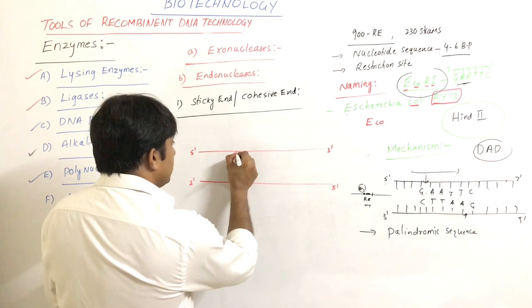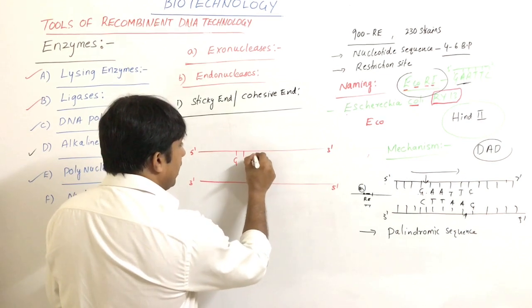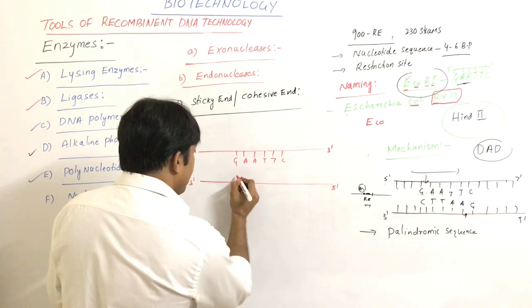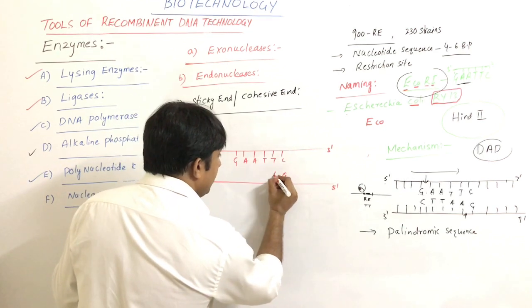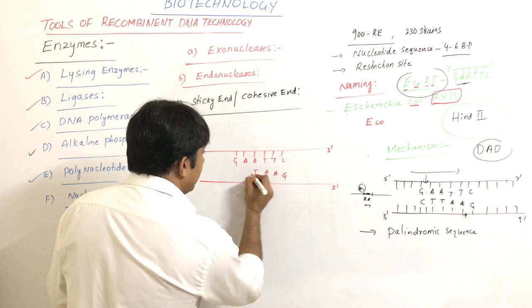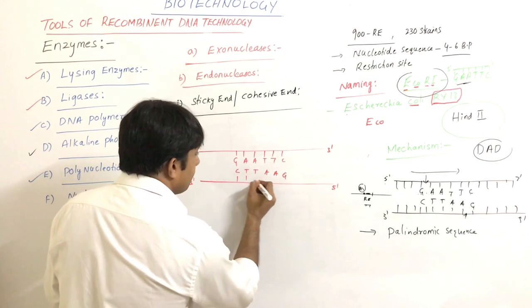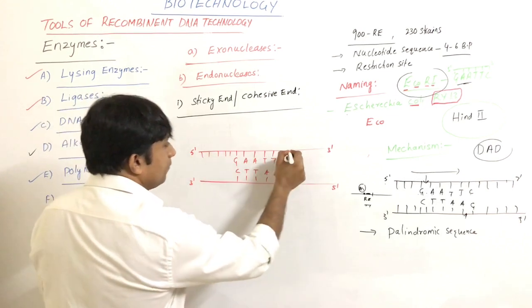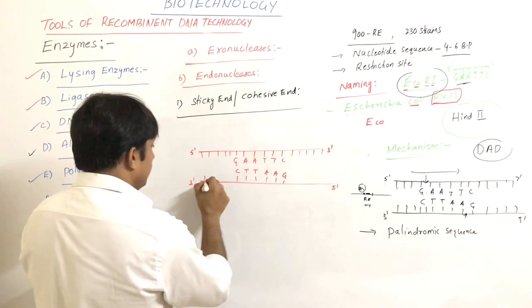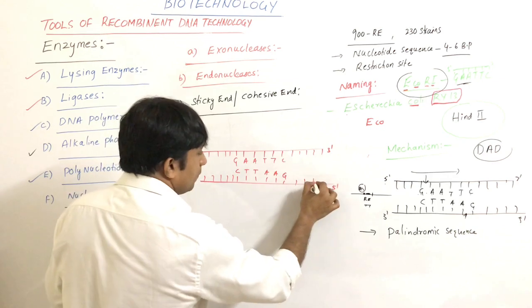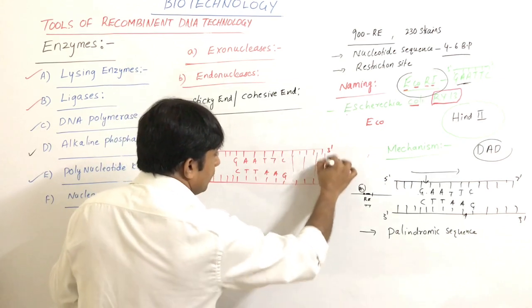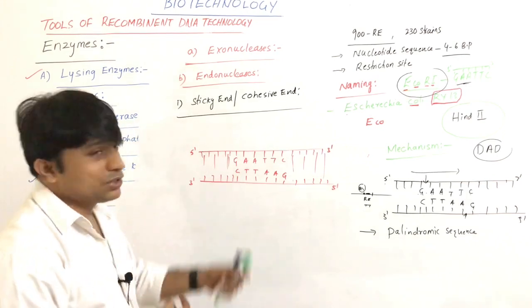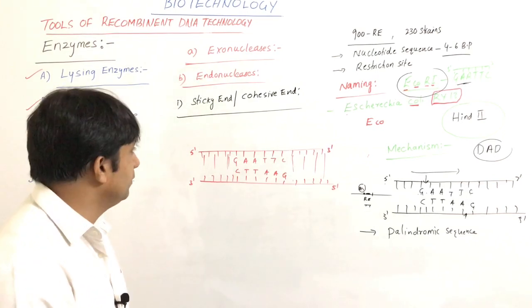If I have a sequence like G A A T T C, this is G A A T T C. All these are other nucleotides. So how are the sticky end or cohesive end cuts made?